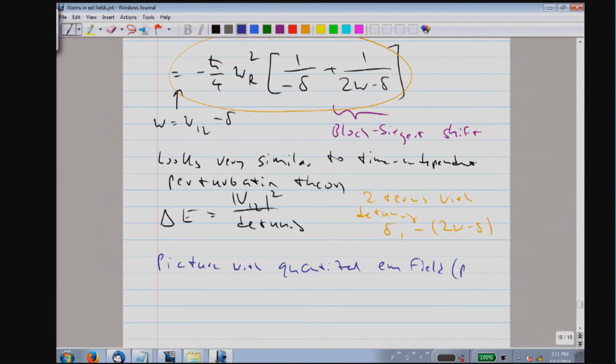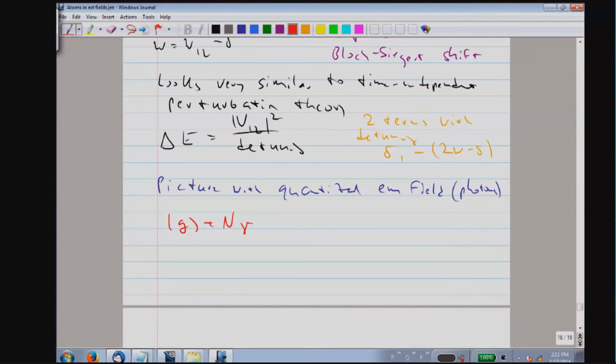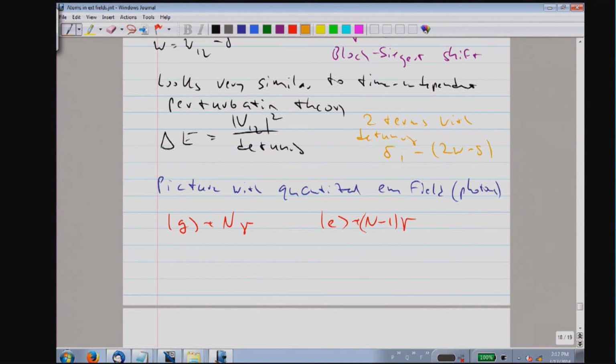In other words, we have photons, because then what we have is the following. We have the ground state with n photons, n gamma. There are n quanta in the system, n photons. But what we can do is we can now have one quantum of excitation with the atom and n minus 1 photons. So it's almost like absorbing a photon. And this state has a detuning of delta.